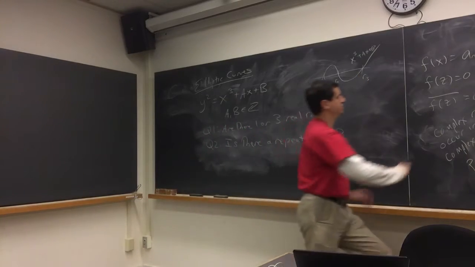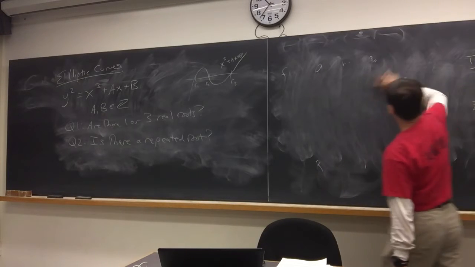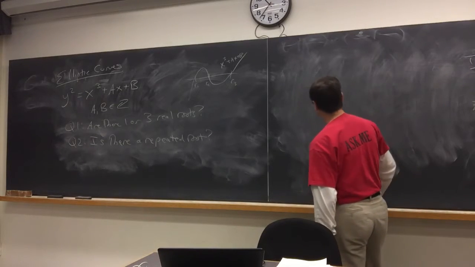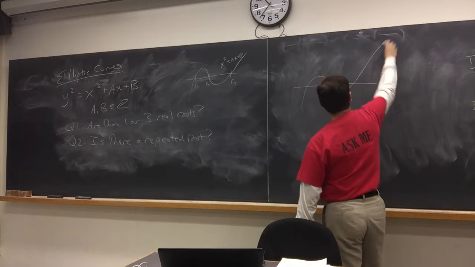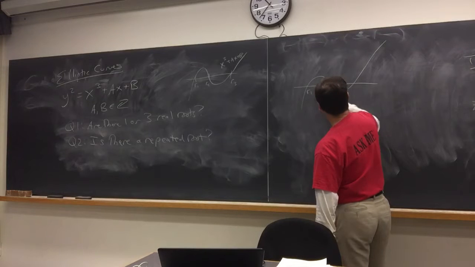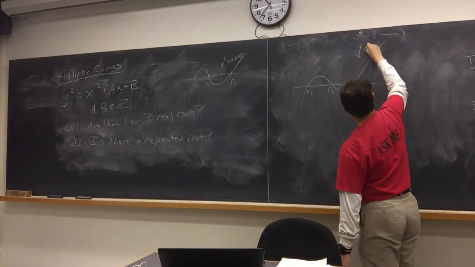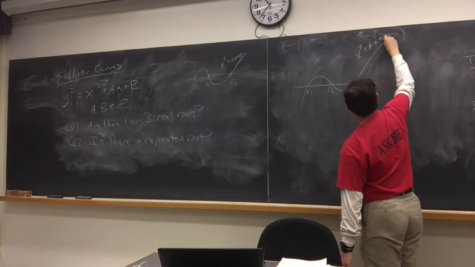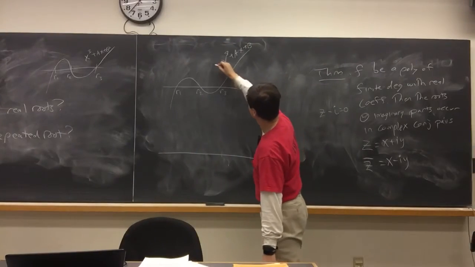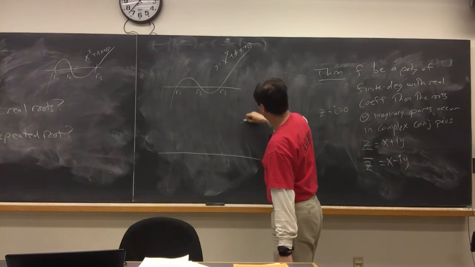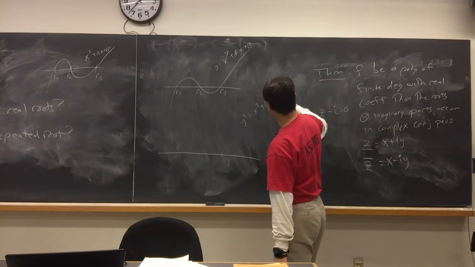Now, I'll draw it larger because this is really important. So I'm trying to understand the solutions. So here is R1, R2, R3. Here's x cubed plus ax plus b. Now we want to plot y squared is x cubed plus ax plus b.